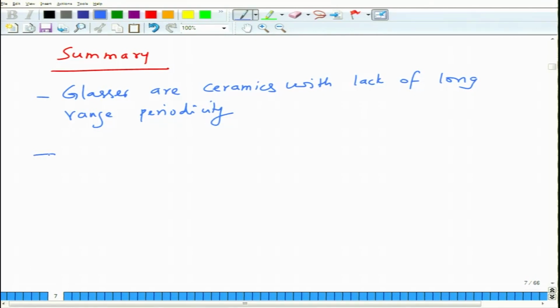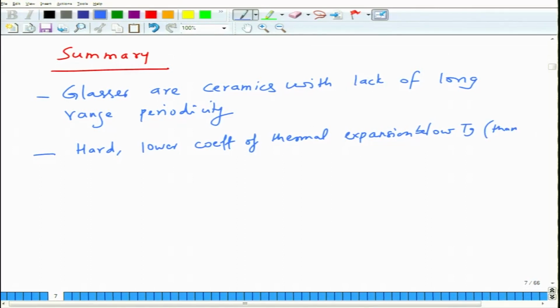Okay. They contain the same attributes as ceramics. They are hard, harder than metals. They have a lower coefficient of thermal expansion than metals, provided you use them below Tg or Ts.